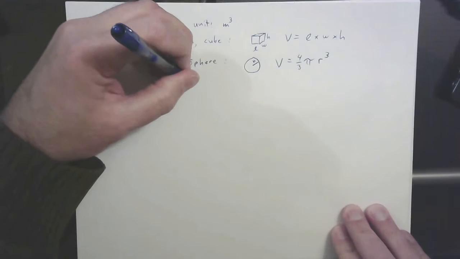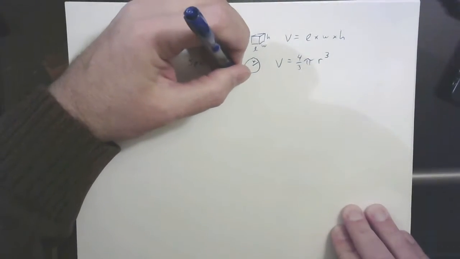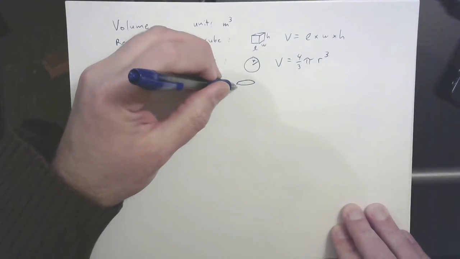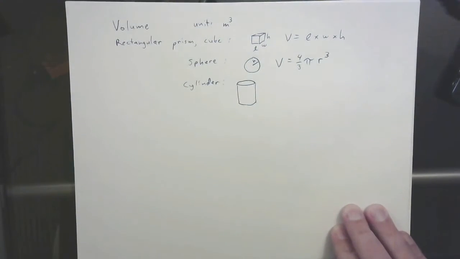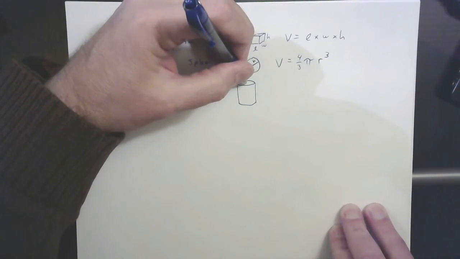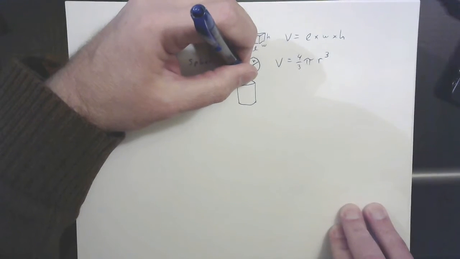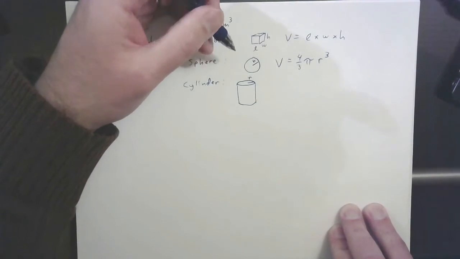And one more shape. Let's do a cylinder. The cylinder's volume has to relate to its geometrical shape. So a cylinder has a circle on the top and bottom. And so you got a circular area up there, and that can be characterized by radius as well.